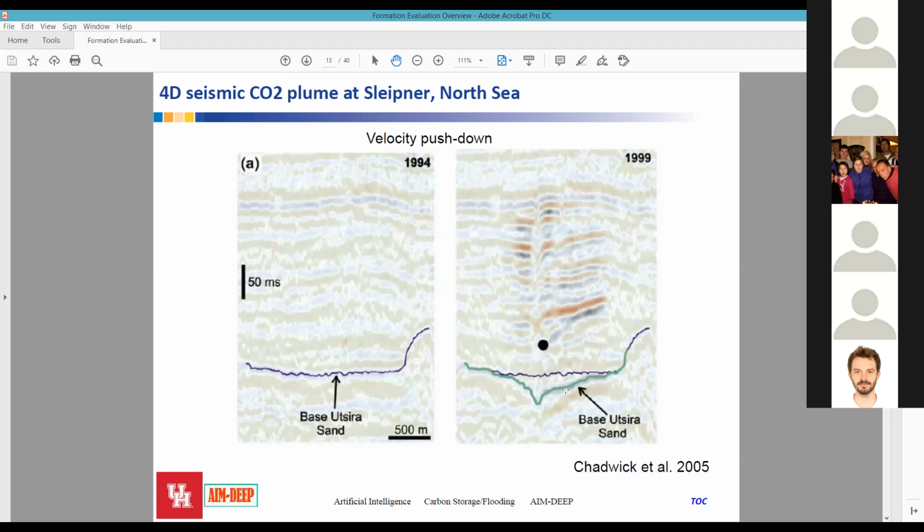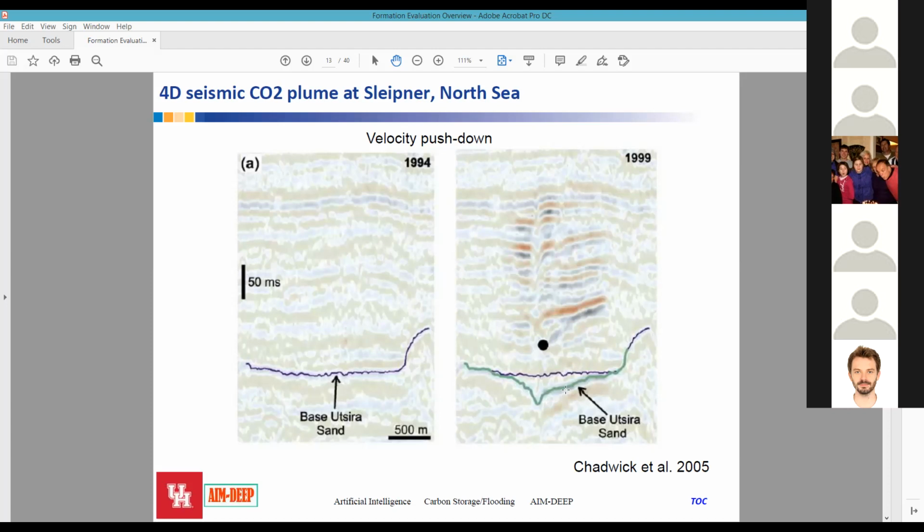And this is because of the velocity pushdown that we are expecting. Because we are injecting CO2, we're expecting a decrease in the seismic velocity, and by decreasing the seismic velocity, we're expecting an increase in the time between two seismic surveys.